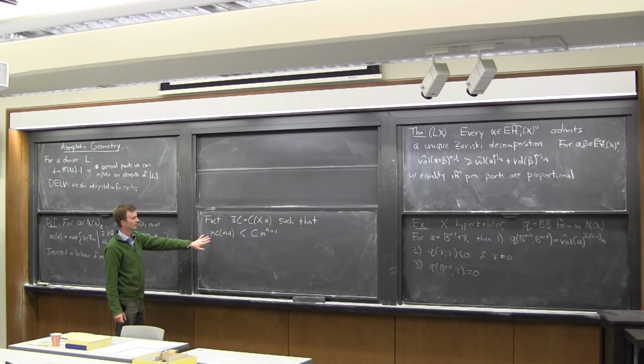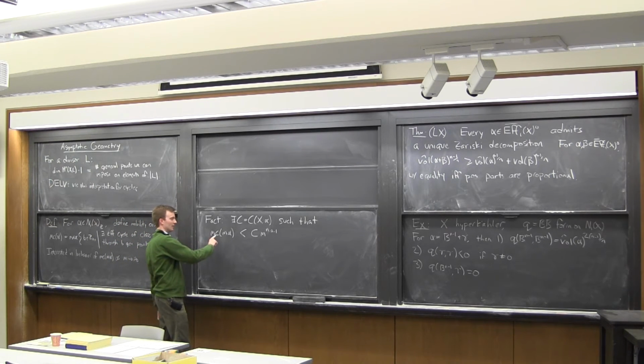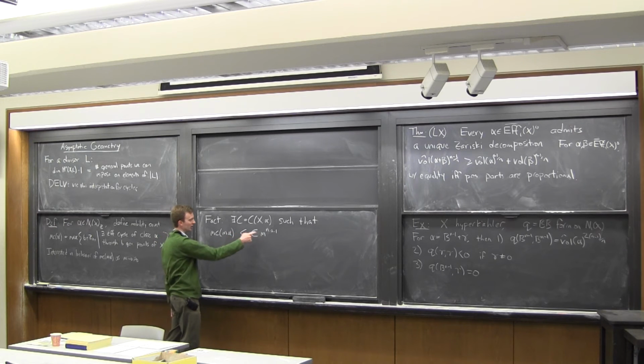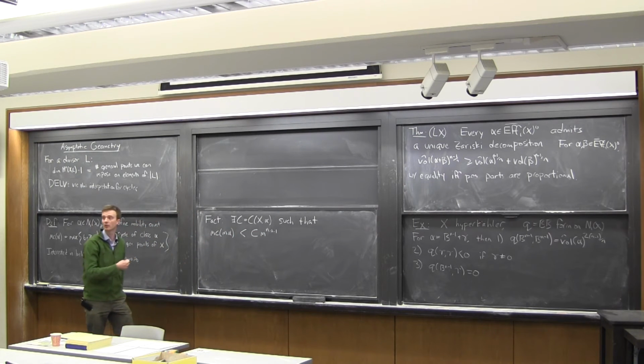So maybe I should make a heuristic argument at least. I'm saying not just that we have a bound like this, but that every variety has this growth rate achieved by maybe a complete intersection class or something.